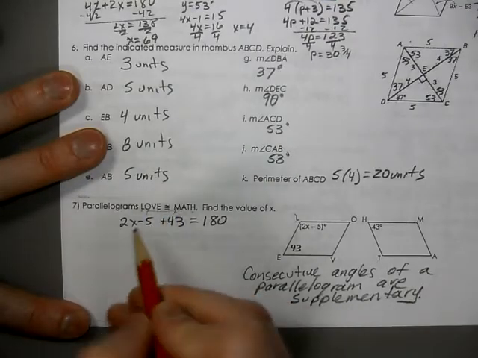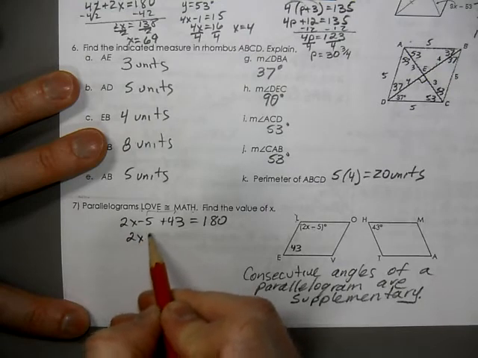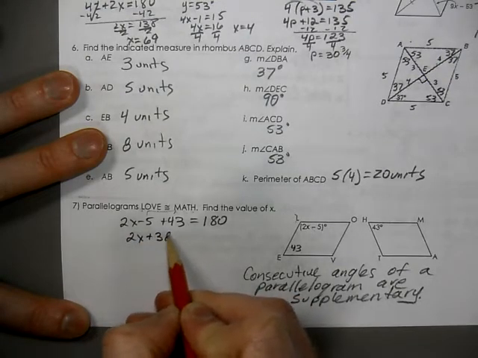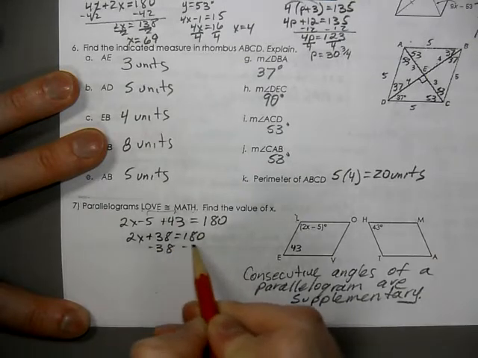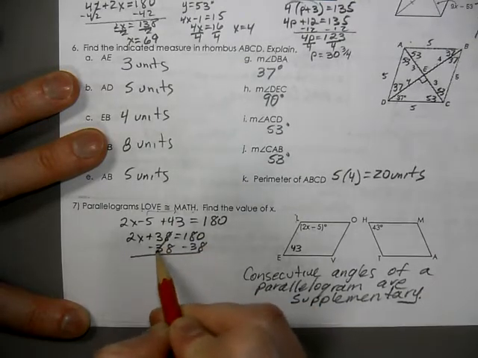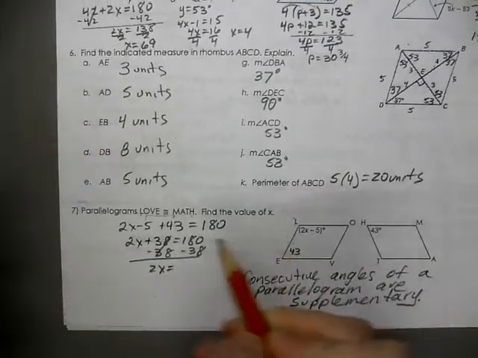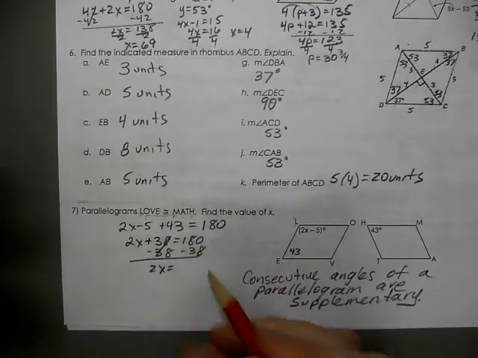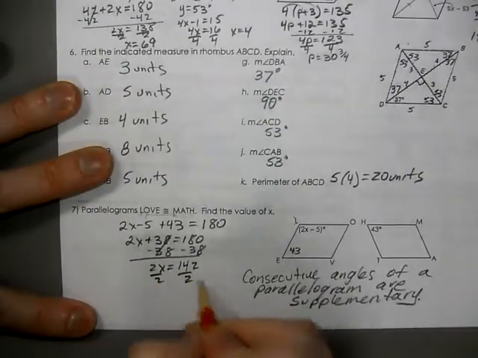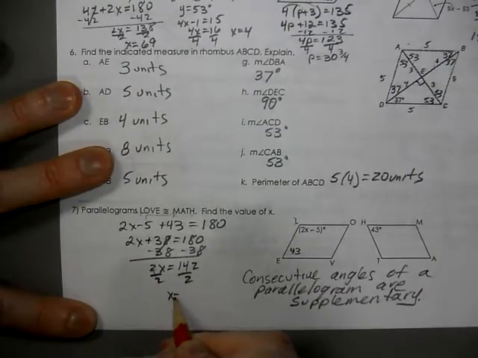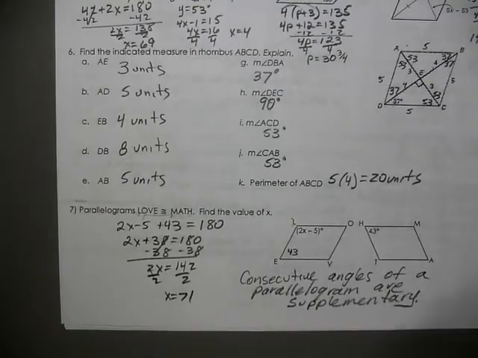Here we can collect our like terms. So if it's 142 divided by 2, looks like we're going to get 71. X would be 71. It's not degrees, it's just a value of x.